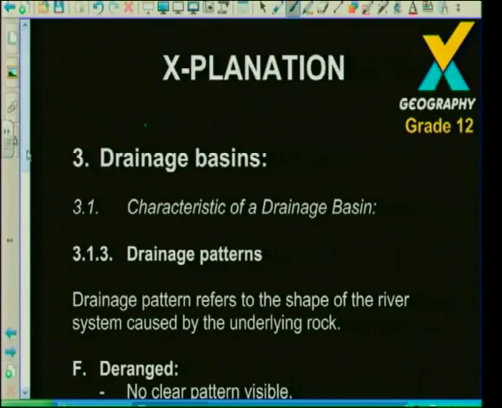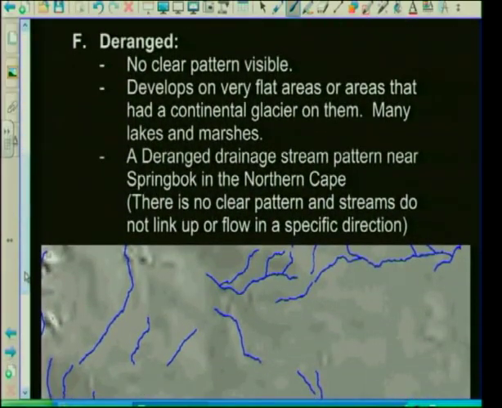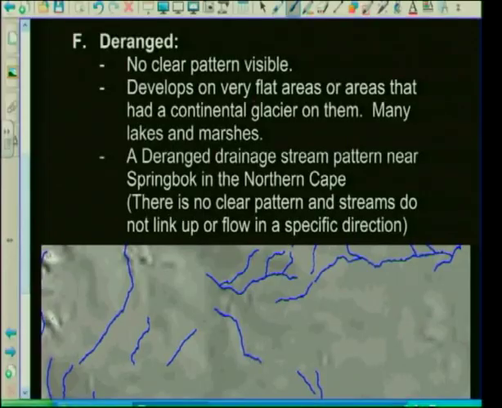Right, our last pattern is what we call a deranged pattern. Now, the word deranged just implies that there is no clear pattern visible and these streams are just at various points within the geology. It develops on flat areas that have previously had a glacier on them.